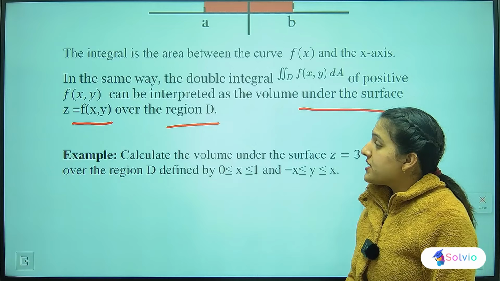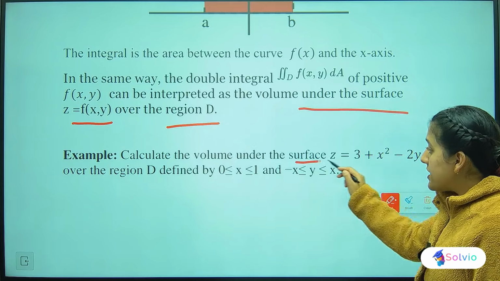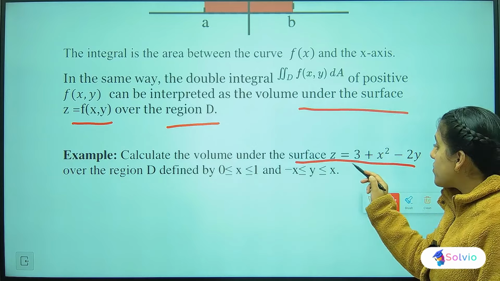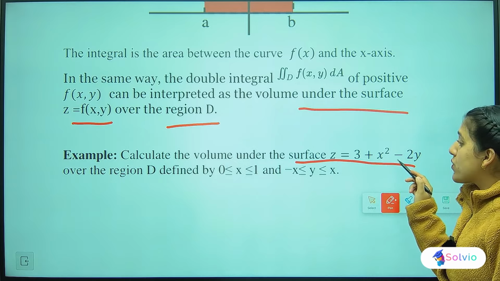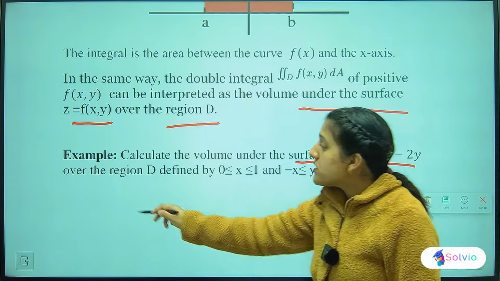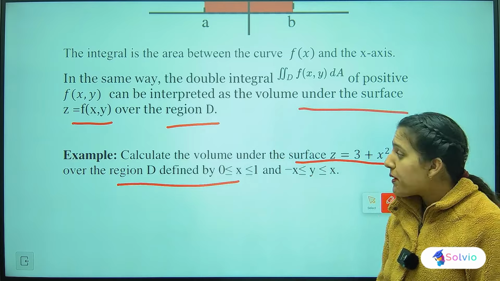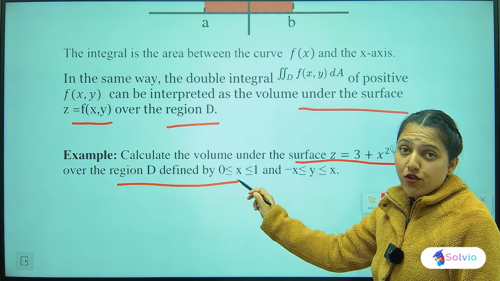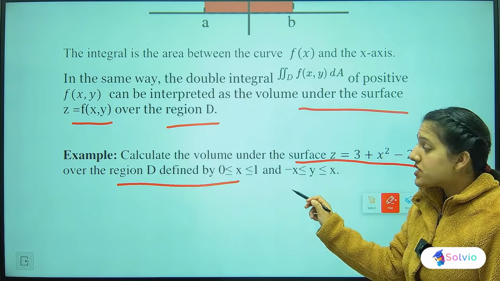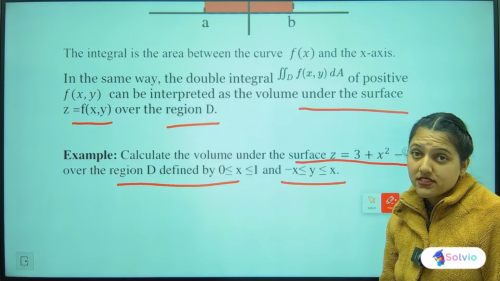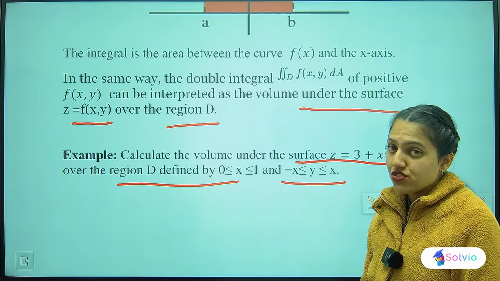Here I need to calculate the volume under the surface z = 3 + x^2 - 2y over the region D, which is defined by x varying from 0 to 1 and y varying from -x to x. So let's start the solution.